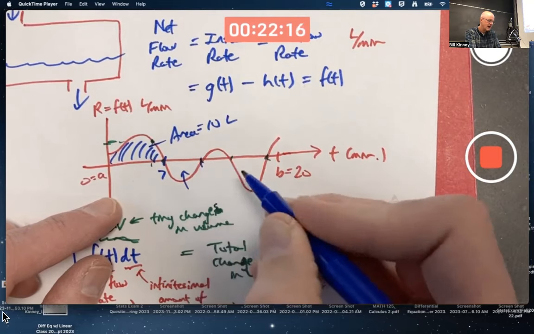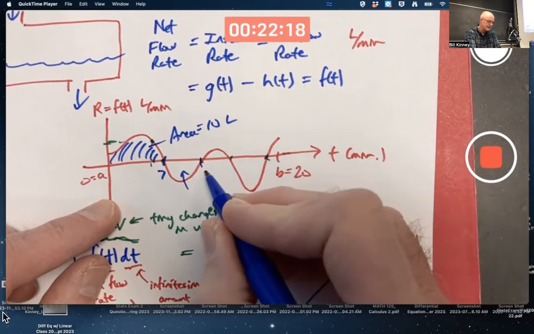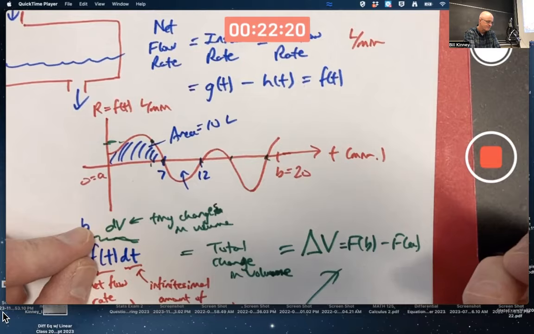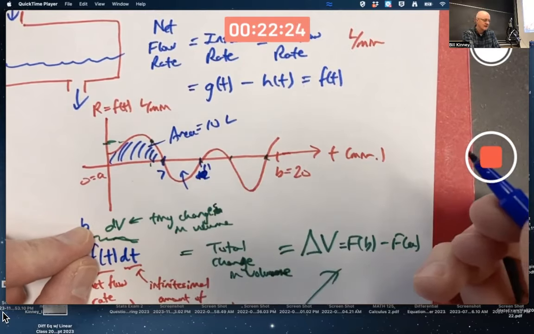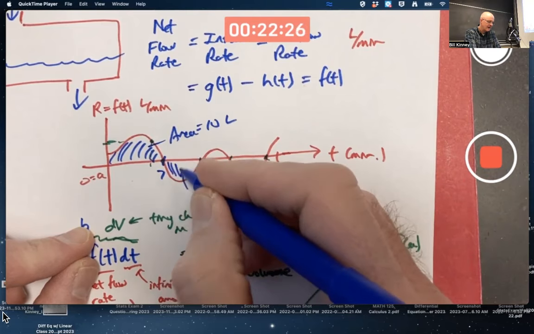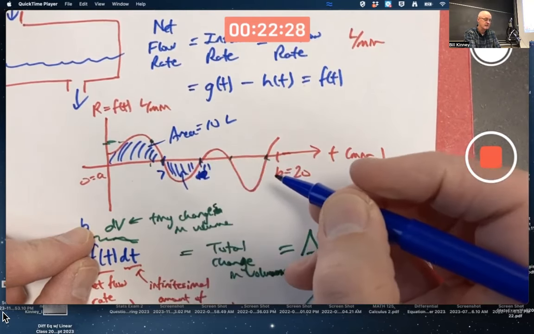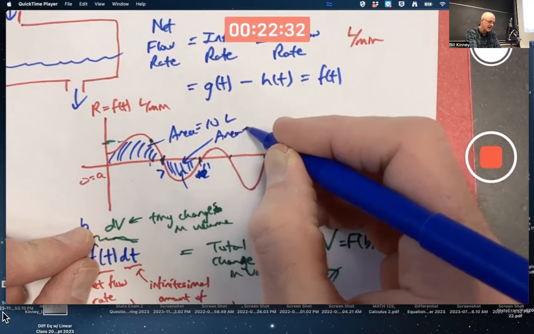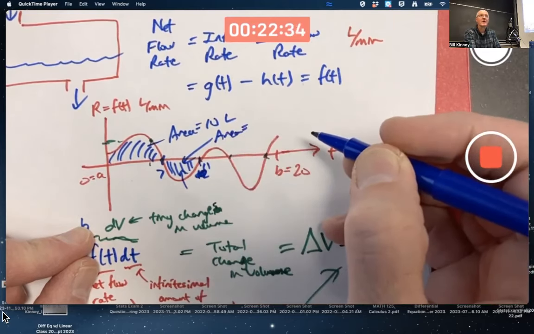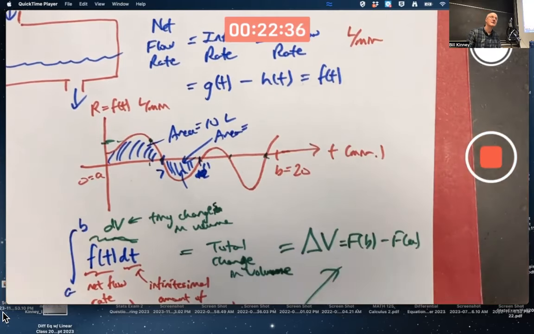Continue from time 7 to time, say 12. Now it looks more like 11. This area contributes negatively to the integral. Now I could label the area as a positive area as I did last time, but realize when it helps us compute the integral, it contributes negatively.